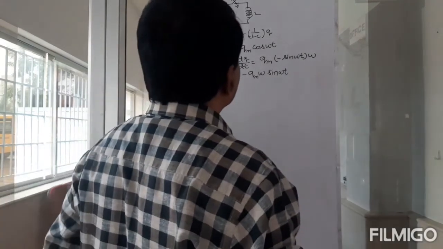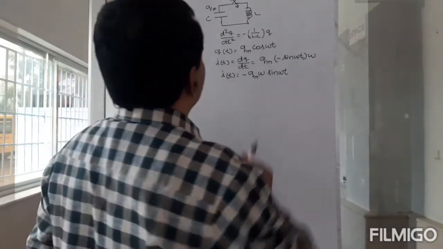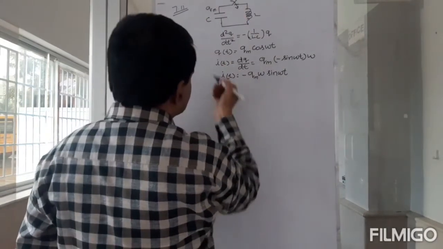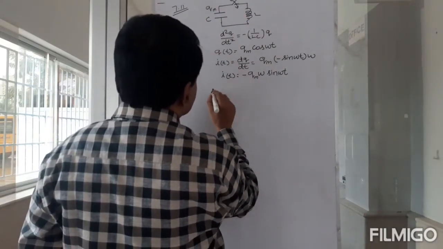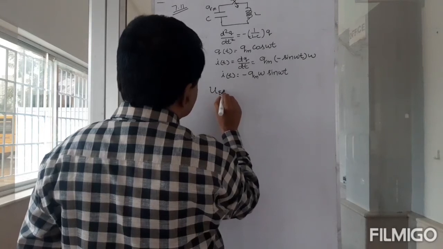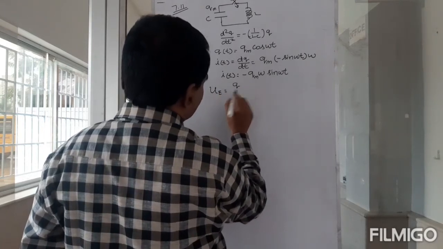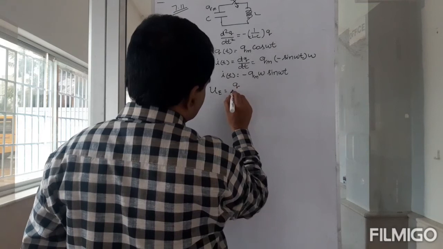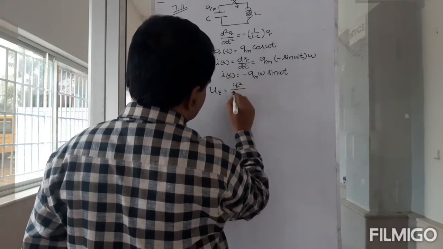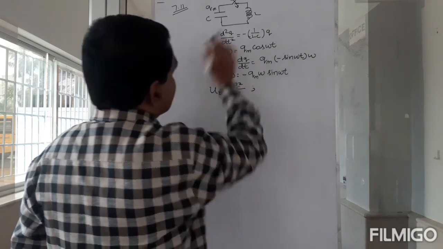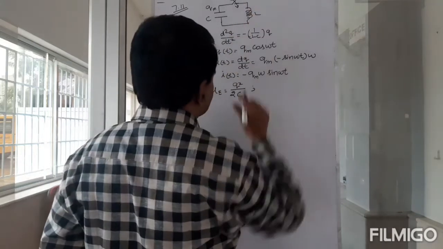Okay? So now, what's the energy in the capacitor? Energy in the capacitor at any time is given by UE is equal to Q squared divided by 2C. And what's the energy in the inductor?